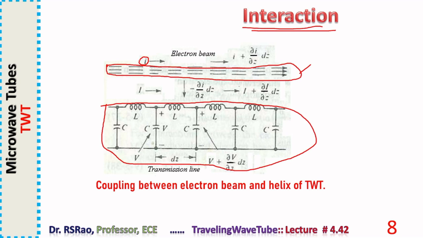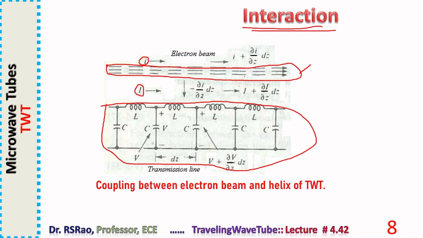No variations exist in the current. That current is capital I. Due to interaction, the signal generates an AC component in the beam current. Then the beam is DC plus AC. So an AC with a DC component is traveling through a transmission line.